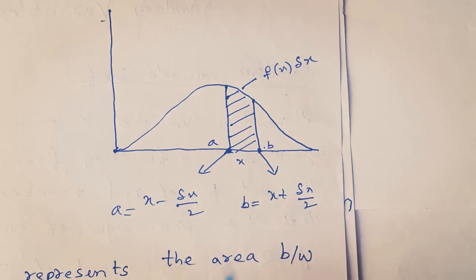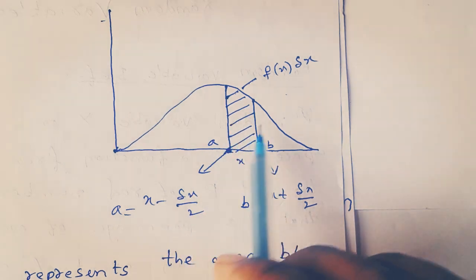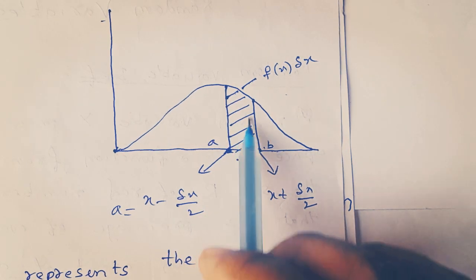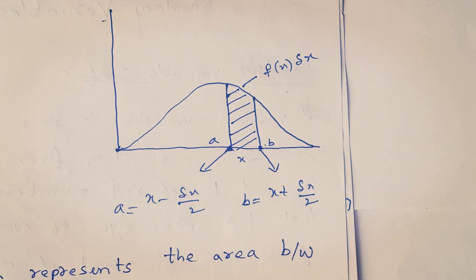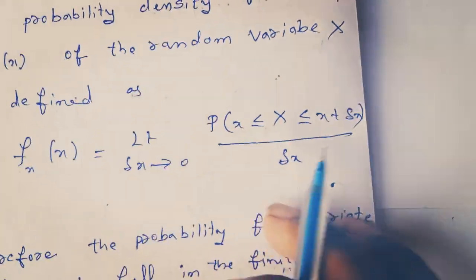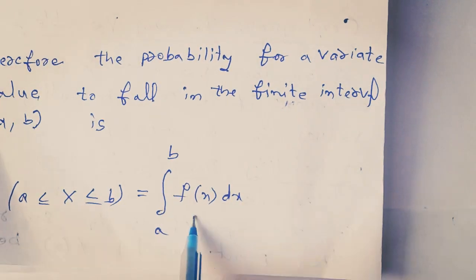To find the probability between a and b, it is enough to find the area of this region. It can be found by this formula, the integral with the limits a to b of f of x dx.